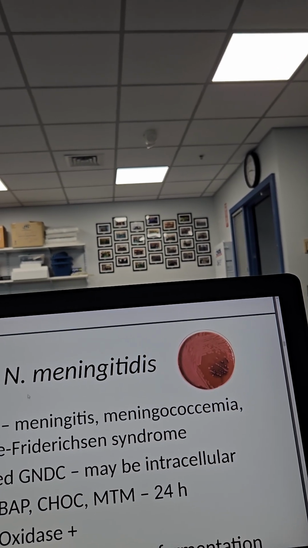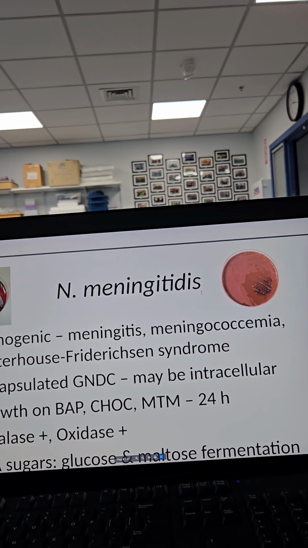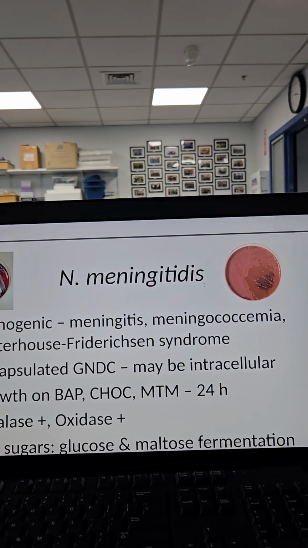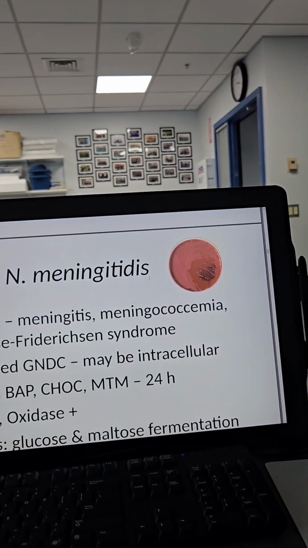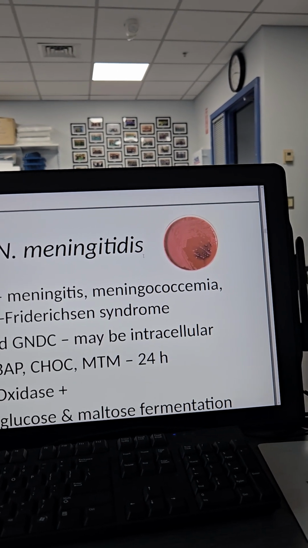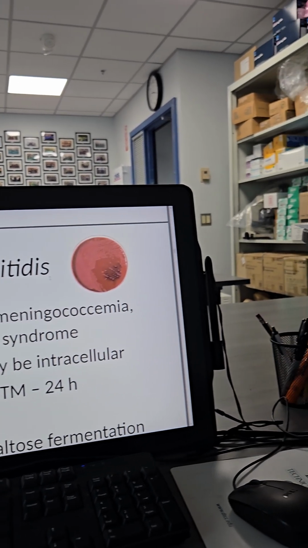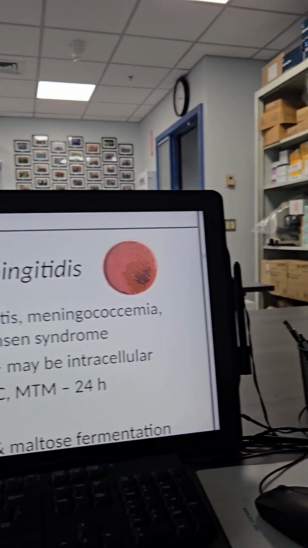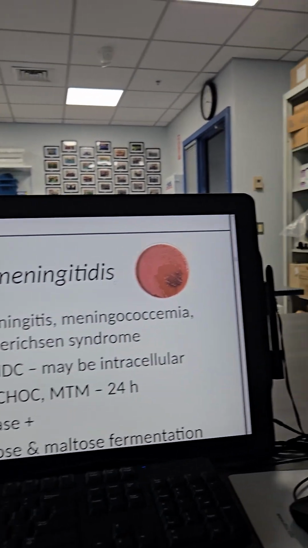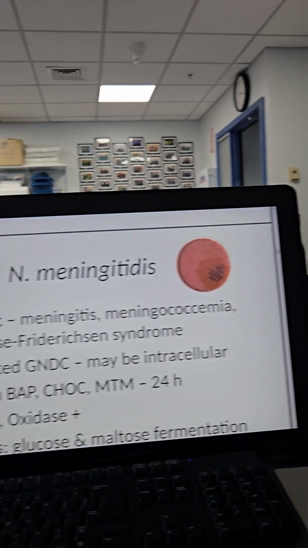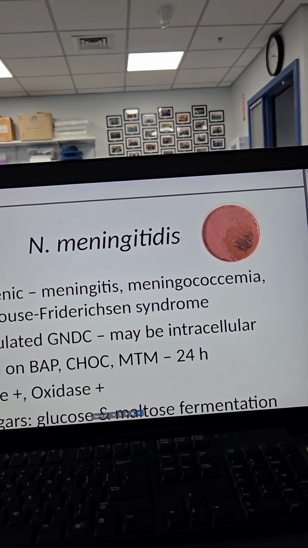Okay, so Neisseria meningitidis. Neisseria meningitidis could be part of your normal flora. Okay, but if it gets into the cranium, gets into the bloodstream, your patient could be dead in a day.